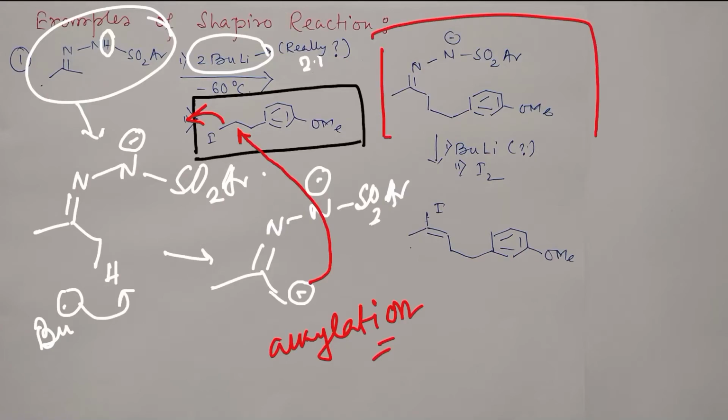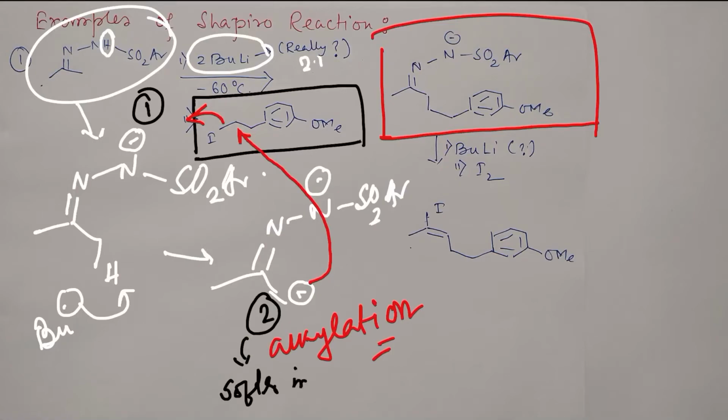a new alkyl derivative. By the way, a question may come that there were two nucleophiles, one a nitrogen nucleophile and another a carbon-based nucleophile. Why did the reaction happen from carbon? Because the carbon nucleophile is softer in nature than this nitrogen, and second, nitrogen is attached to a bulky group, that is SO2, so attacking is difficult.